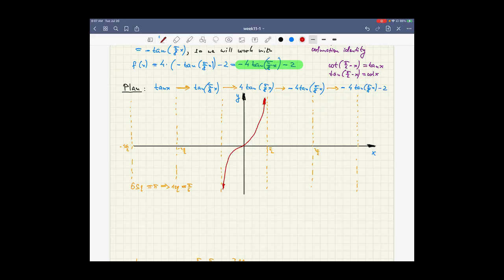And again, I forget about the magic point pi over 4, 1, and negative pi over 4, negative 1. It's nice to have them. So these are points (3 pi over 4, negative 1) and 5 pi over 4, 1.